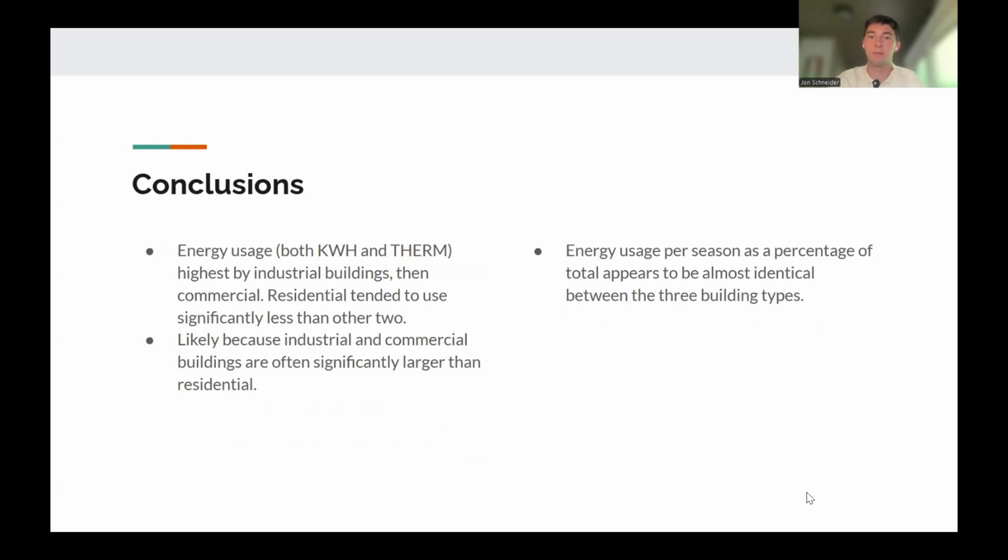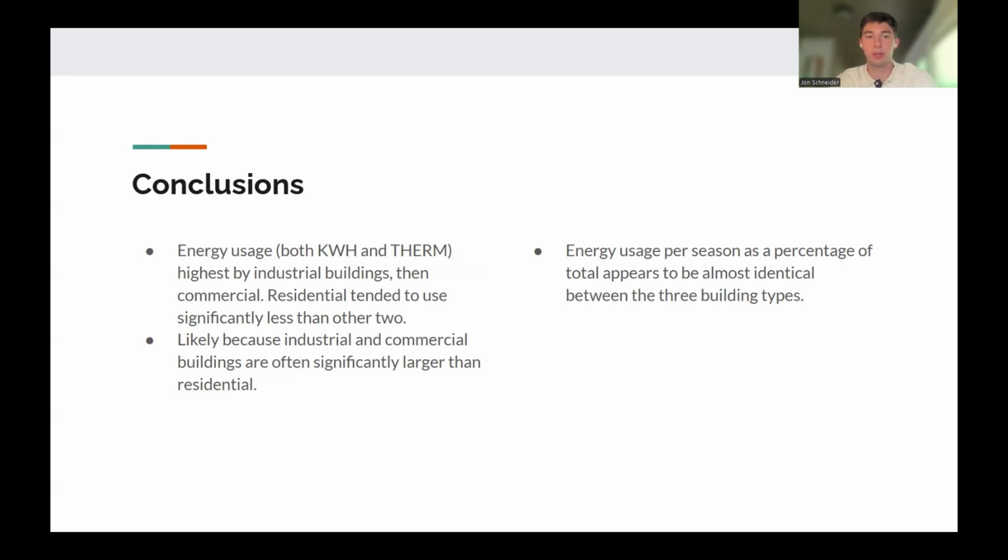So conclusions based on our graphs, our outputs, like I said, energy usage for both kilowatt hours and thermal was highest by industrial buildings and then commercial. Residential tended, and this is the interesting thing because we use means. So even though the highest energy usage was commercial buildings, like we saw in the scatter plots and the jitter plots, the mean values were highest for industrial buildings.